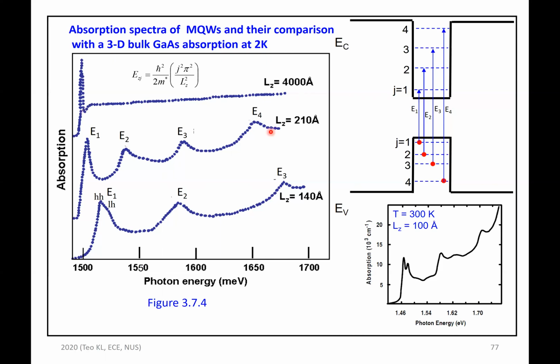Now, as you reduce the well width to 210 Angstrom and 140 Angstrom, which is 21 nanometers and 14 nanometers, you can start to see exciton peaks due to these transitions: J equals 1 to J equals 1, J equals 2 to J equals 2, J equals 3 to J equals 3, J equals 4 to J equals 4.